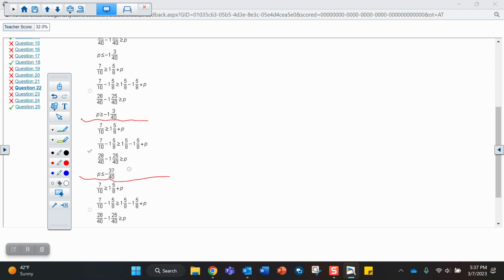28 over 40 minus 1 25/40. Again, I would make that improper, because we can't actually subtract a bigger number from a smaller number. Now we have to add the opposite. So I would have done 28 over 40 minus 40 plus 25 is 65 over 40.